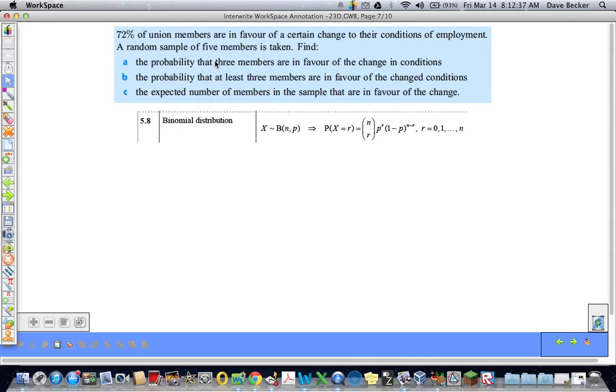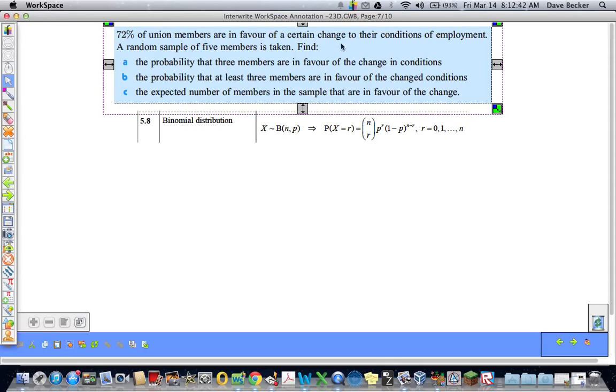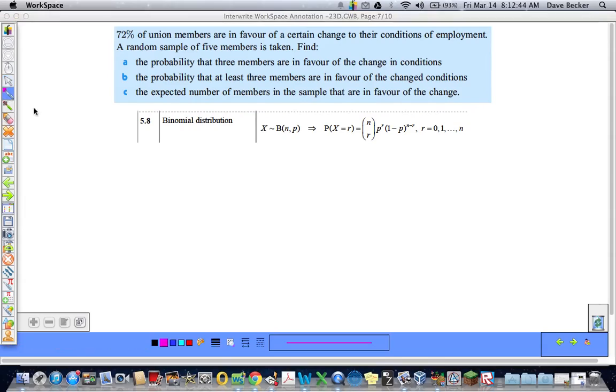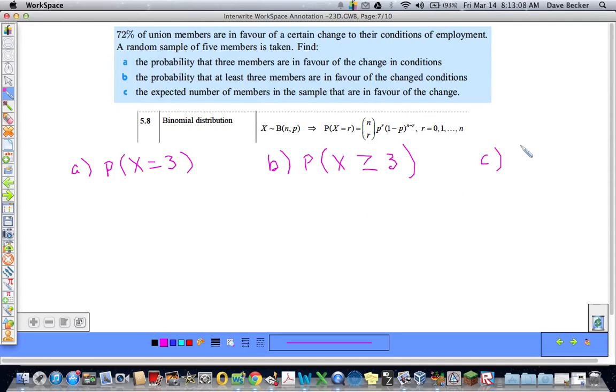What we're trying to find for part A is the probability that the random value of x equals 3. For B, we're trying to find the probability that x is at least 3, so that would be greater than or equal to 3. And then C is the expected value. We'll get to that in just a second.